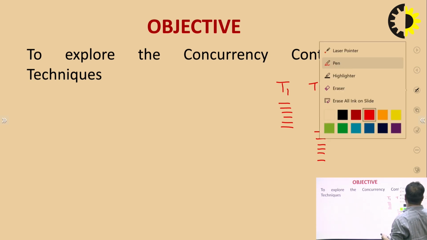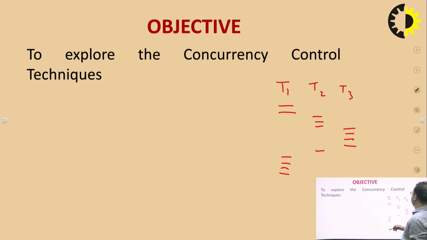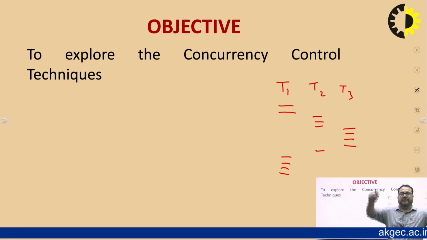For example, if there are 6 operations in T1, T2 and T3, let's suppose 2 instructions of transaction T1 execute, then 3 operations of T2 execute, then 4 operations of T3 execute, then 1 instruction of transaction T2 executes, and so on.